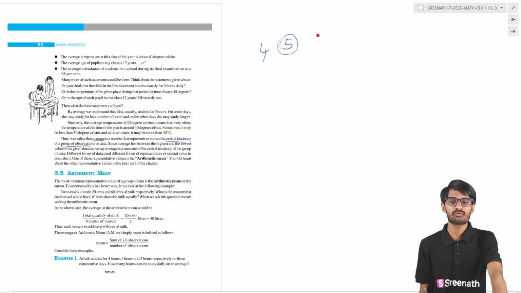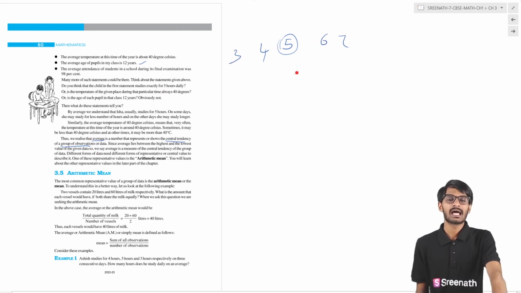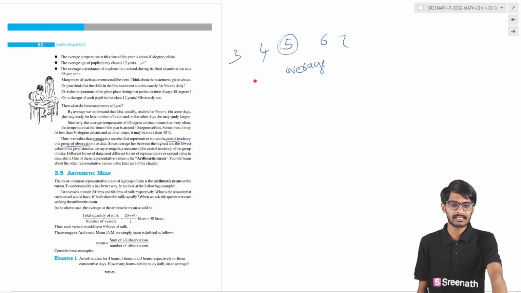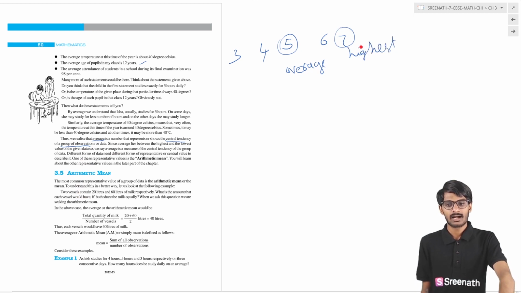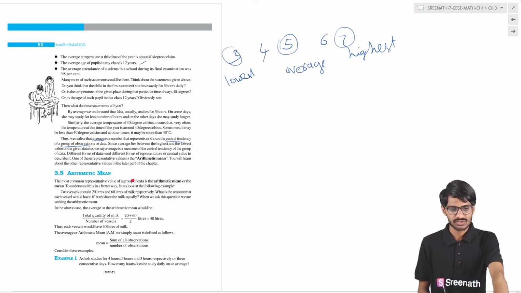She may study 4 hours, 6 hours, 3 hours, or 7 hours, like that. So this is the central value, no? The average is the central tendency representing a group of observations, students. The average is between the highest and the lowest, students.